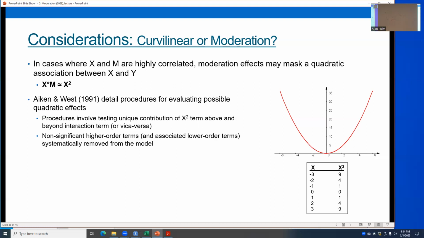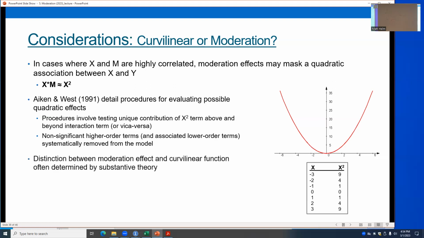Neuroticism gets too high and now performance goes down, right? So one, think about this as a mathematical possibility, right? Really what you want to think about from a theoretical perspective is, does this make some sense, okay? So it's something hanging out in the background, alternative explanations for what we're having. Generally you don't need to worry about this unless you have very highly correlated predictors. But if you do, something to keep an eye on.